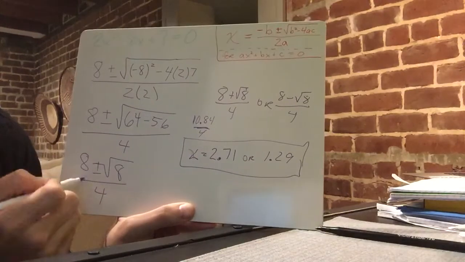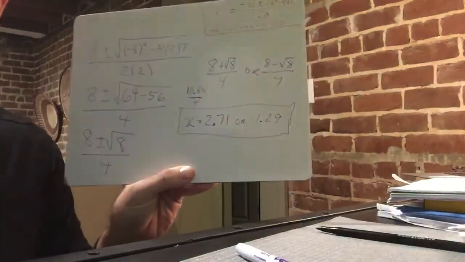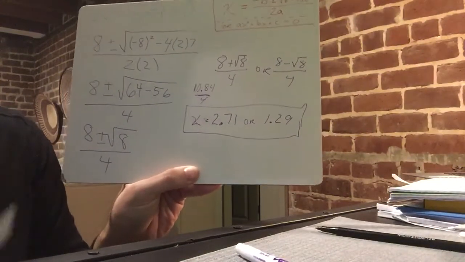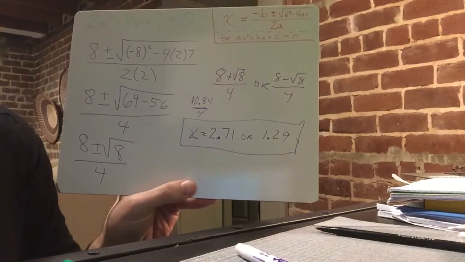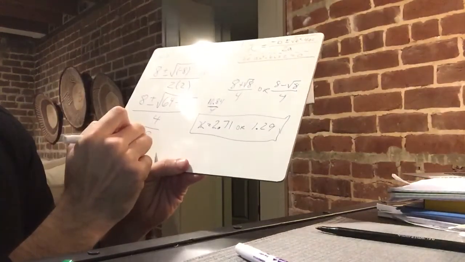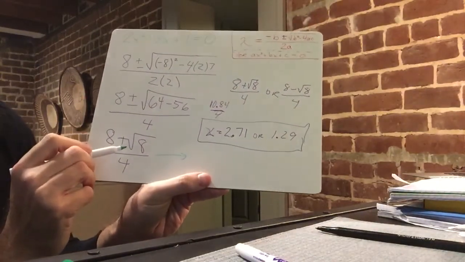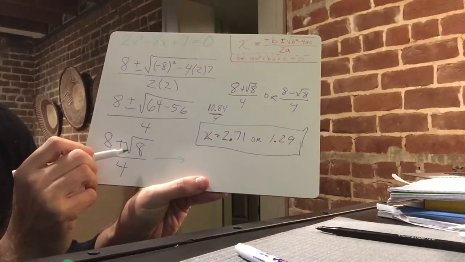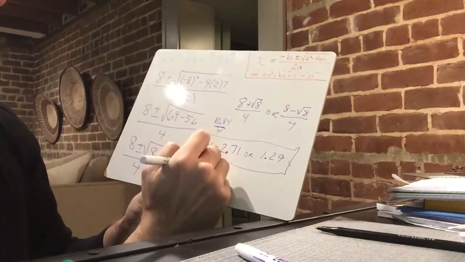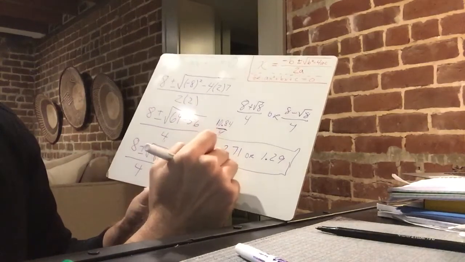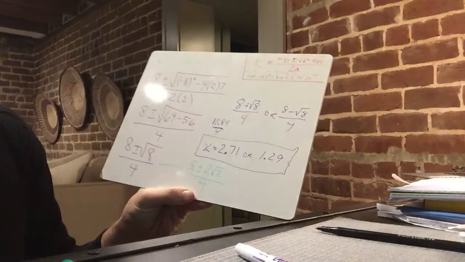I did say I was going to talk about simplified radical form. Everything you have through here is the quadratic formula for getting your answer in decimal form, like you would need for IXL. But for simplified radical form, take a look at what you would do. Square root of 8 has perfect square factors of 2 and 4, so we can write 8 plus or minus 2 rad 2, divided by 4.